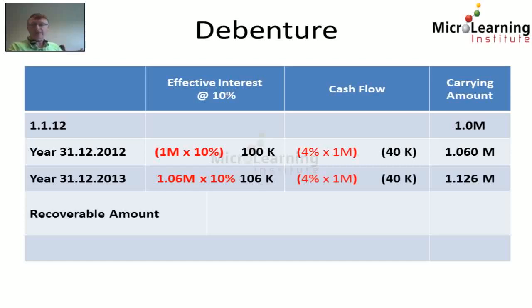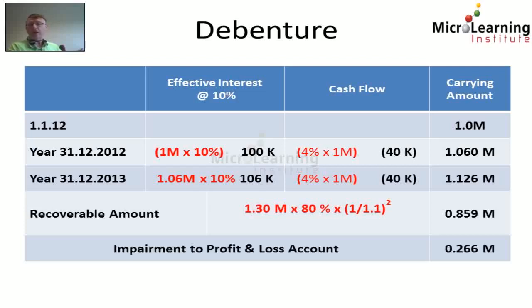Now we're told that at this time the recoverable amount, again discounting the future payments in relation to the information received, is deemed to be 0.859 million. Now our carrying amount was 1.126 million, so consequently we need to recognize an impairment to the profit and loss of the difference between the two of $0.266 million.